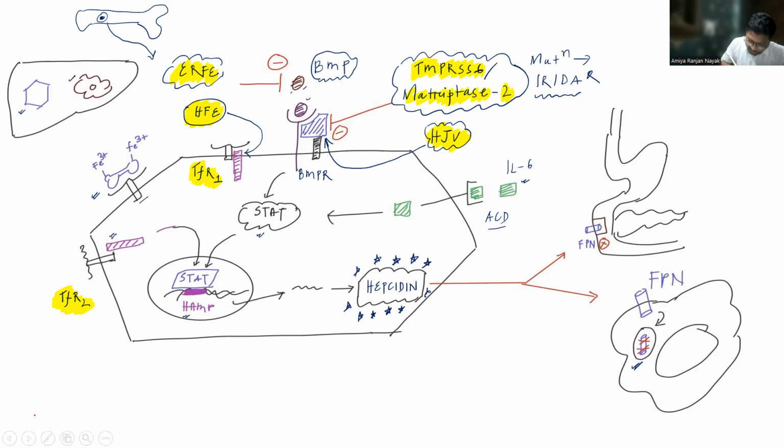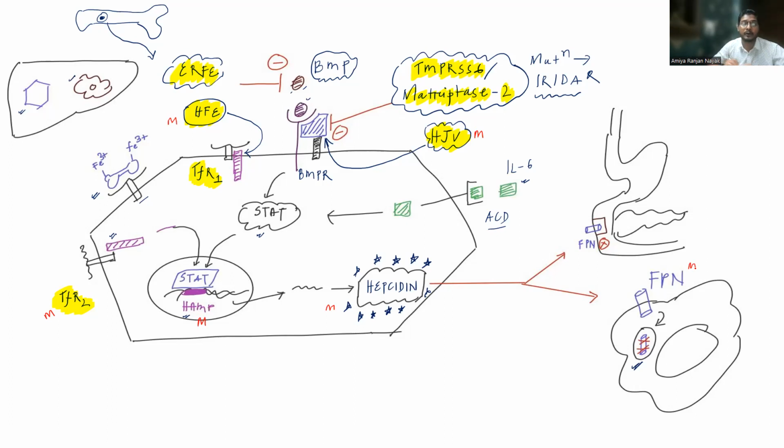If there is a loss of function type of mutation in the transferrin receptor 2 or the HFE molecule or hemojuvelin or this HAMP gene, or you can say hepcidin mutation, and also ferroportin mutation. Can you tell me what will happen whenever there is mutation in all these proteins?